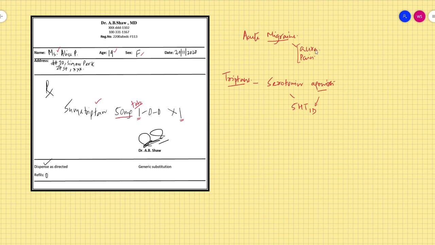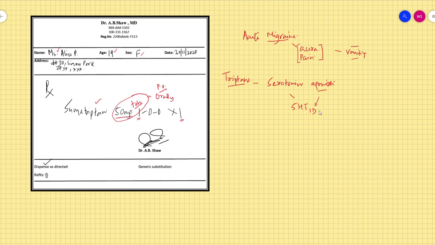All right. So sometimes migraine is associated with vomiting. Since this patient has been given the tablet orally, we can infer that the patient is not vomiting. Had the patient been vomiting, then the parenteral route of administration would have been chosen by the physician.